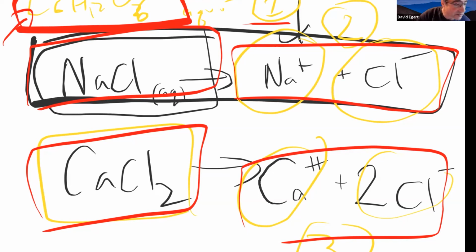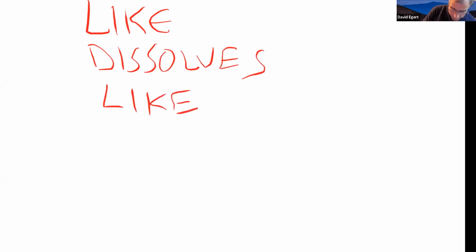So to finish this up, I saw somebody posted something in the chat, which I think is a really useful thing to say for everybody. This idea that like dissolves like. Meaning a like solvent dissolves a like solute.